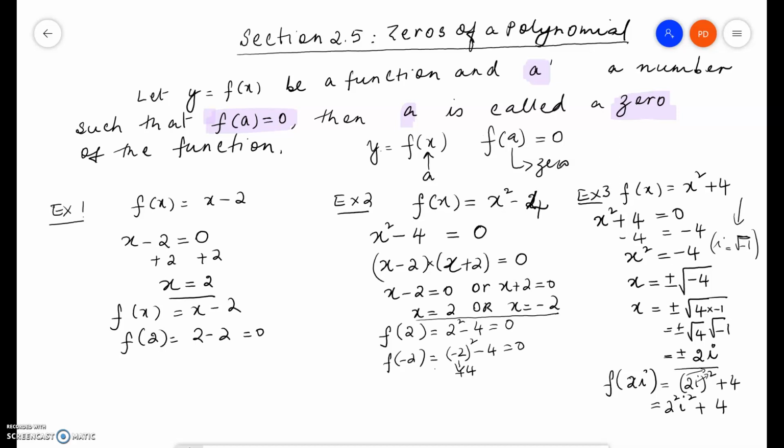If we see a product inside the parentheses, each one gets squared. So that is 4i squared plus 4. Notice that if i is square root of negative 1, i squared equals negative 1. So this would be equal to negative 4 plus 4, which is 0. Similarly, f of negative 2i is also equal to 0.